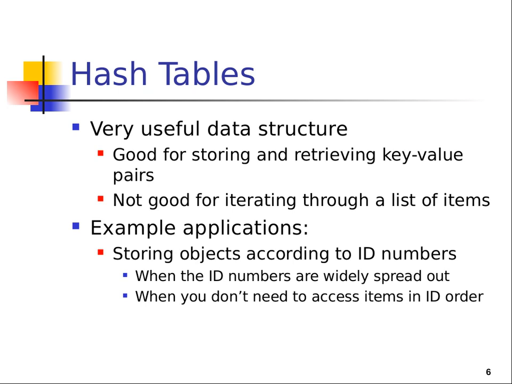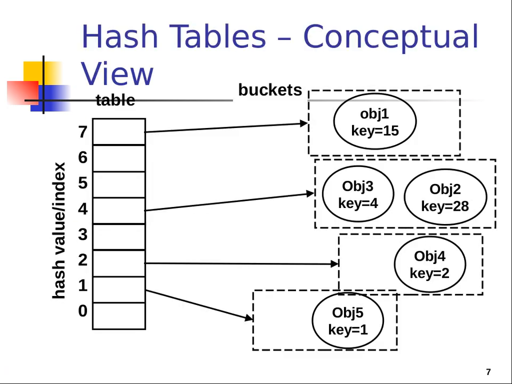Hash tables are good for storing and retrieving key-value pairs, not good for iterating through lists of items or storing objects. All right, let's start actually talking about this. The idea of a hash table is you have your array, and your item is going to map to some part of the array, but keep in mind that what you're actually mapping to is called a bucket, and that bucket can store multiple objects.